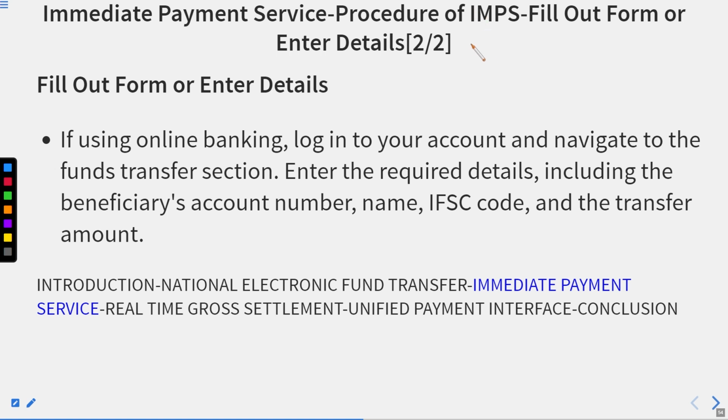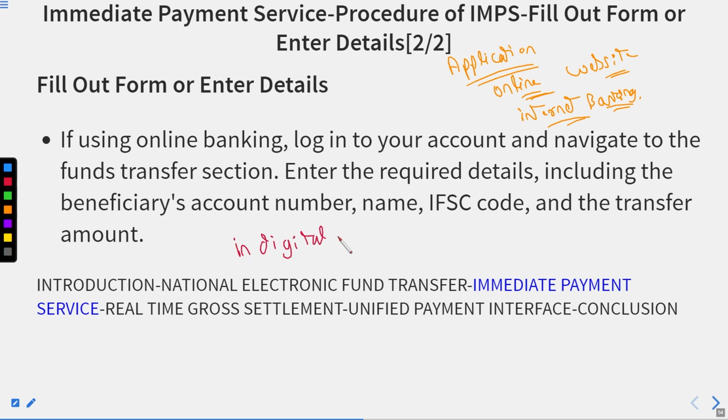Like, if you are not going to the bank and you are using the mobile application, online website, or internet banking, then basically the same procedure you are about to follow here also, but in digital form.